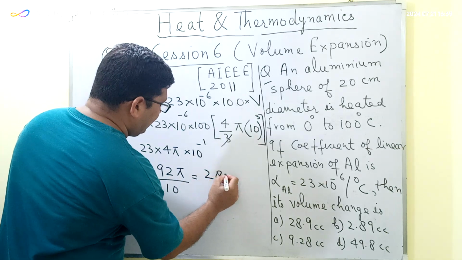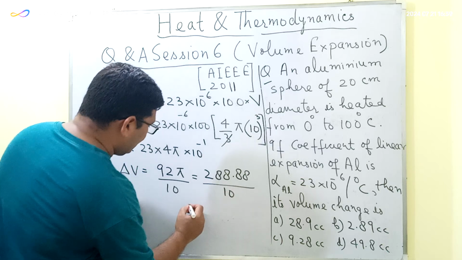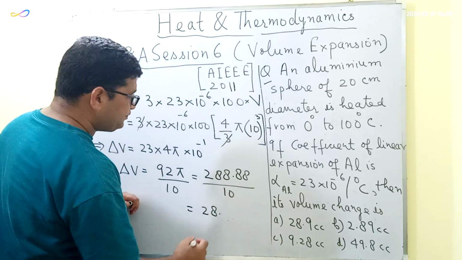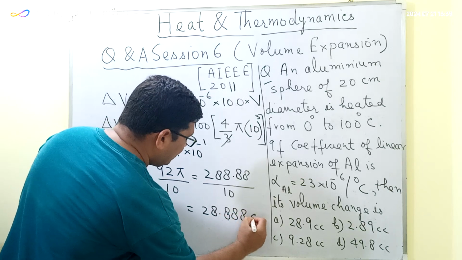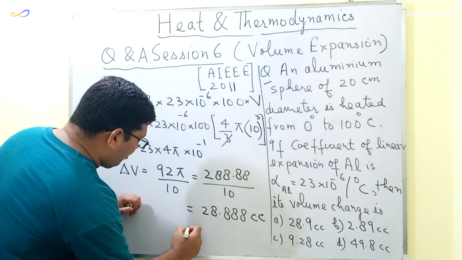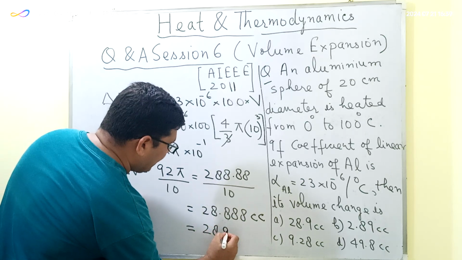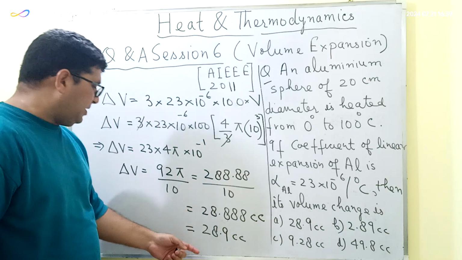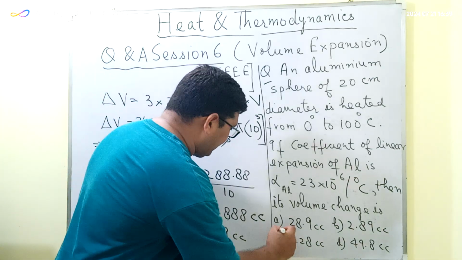So 288.88 divided by 10 will be equal to 28.888 cubic centimeter, or this can be written as 28.9 cubic centimeter. So the change in the volume is equal to 28.9 cubic centimeter, so our correct option is A.